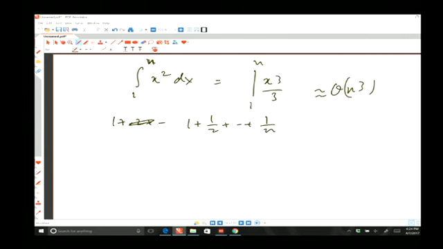Because it's roughly an integral, and this is log n. You don't have to remember it, you can figure it out. Integrals are your friend. Don't forget your calculus.